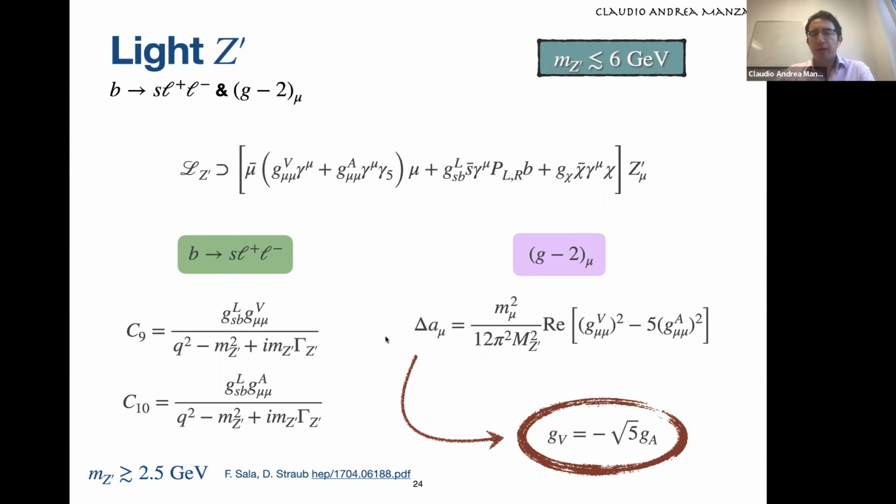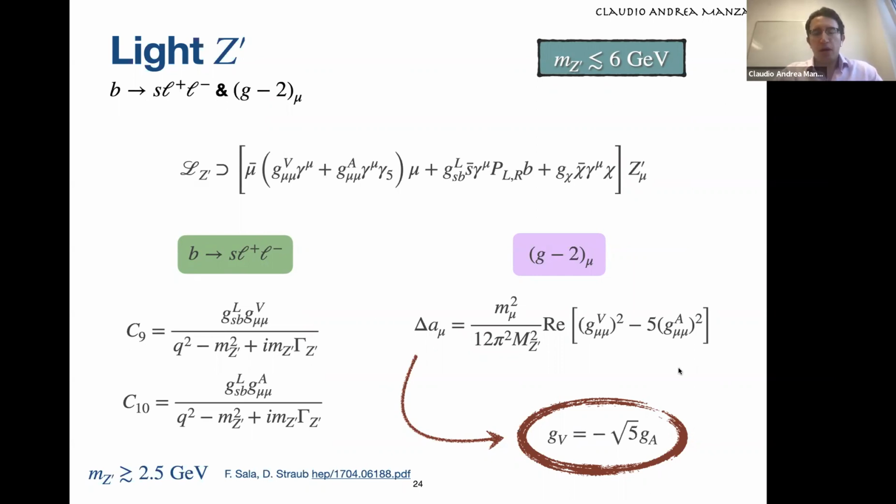And now we move to G-2 of the muon. Here you can see the exact result at the m mu squared over m Z prime squared order for G-2 of the muon, which depends on the interesting combination: vectorial coupling to muon squared minus 5 times the axial vector coupling squared.